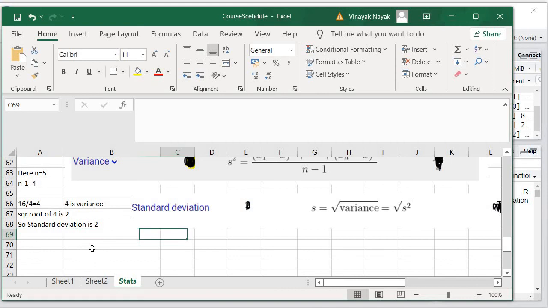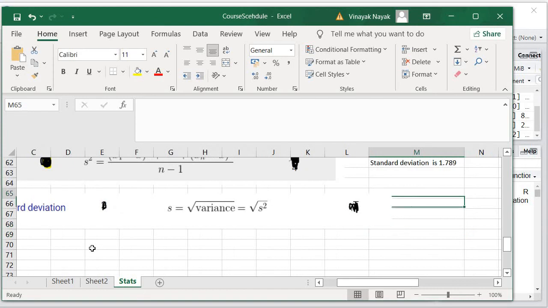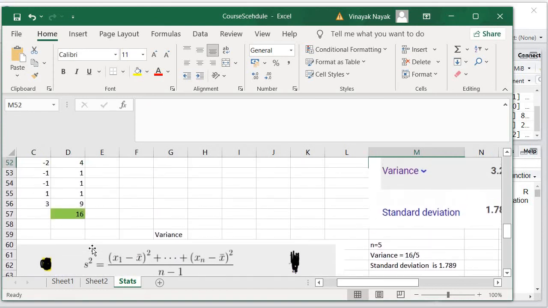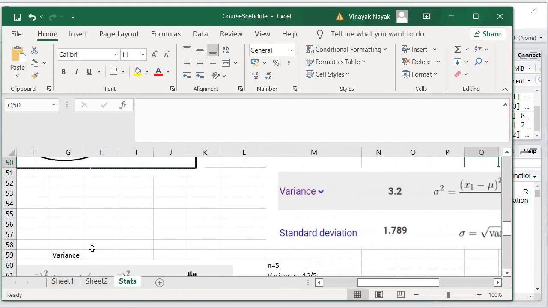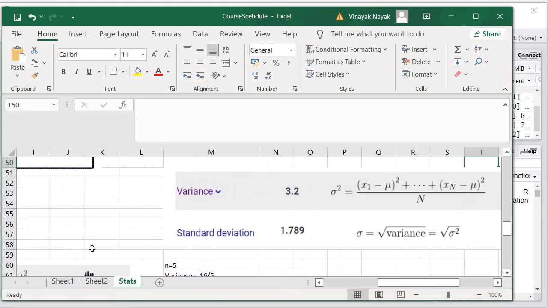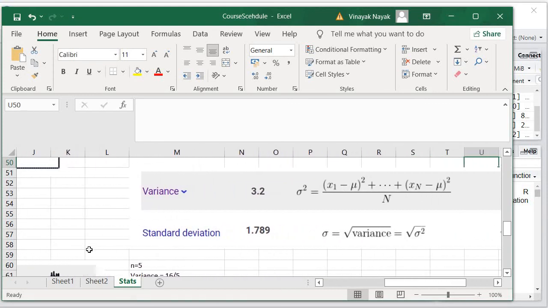Now let us move to the second example, where we are working on the population. In this case we will divide by n.